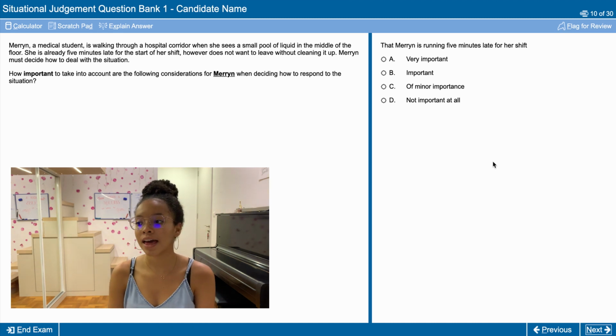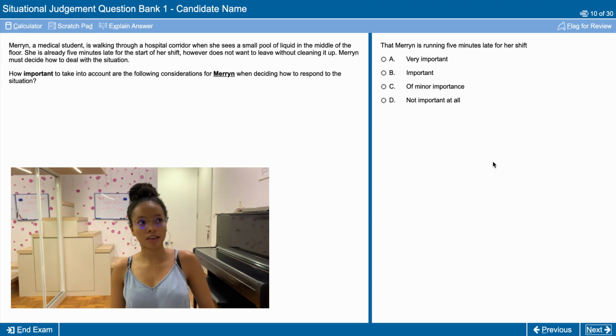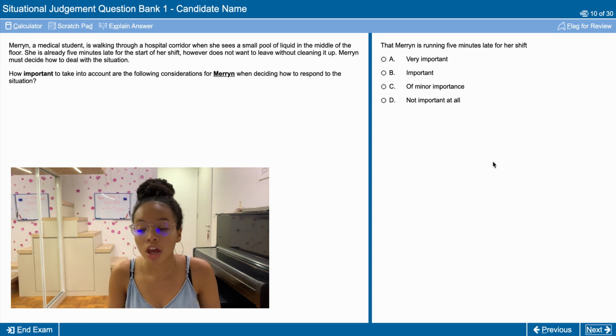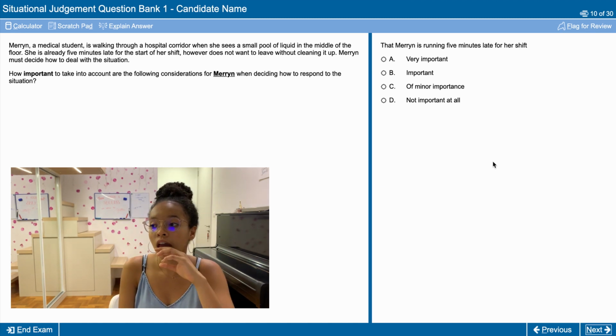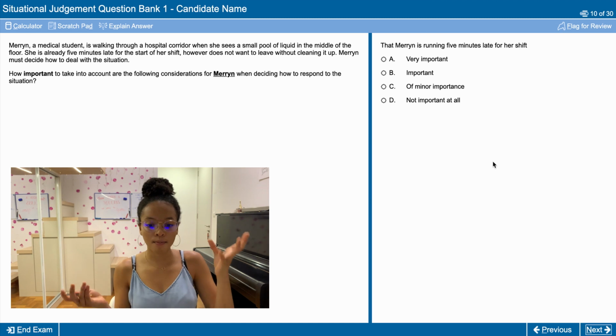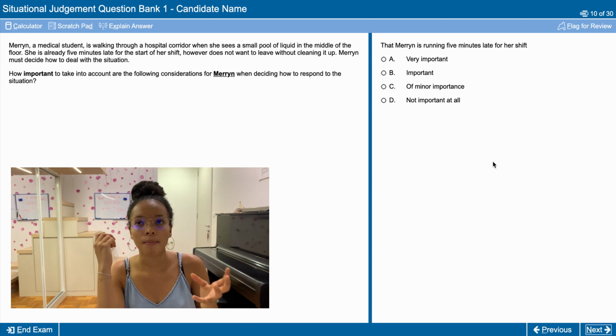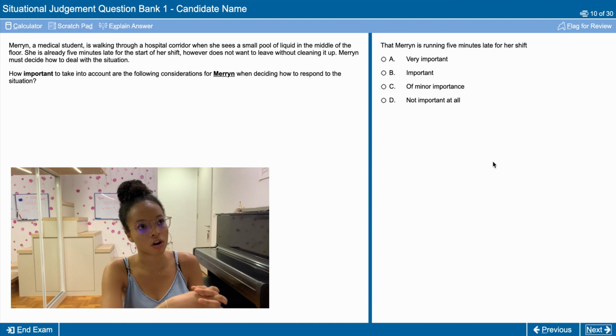Next, that Marin is running 5 minutes late for her shift. I think the fact that she's running late is definitely something that should be considered. But right now I'm hesitating whether it's in the important or the not important category. If we weigh both sides, having a liquid that could be hurting someone in the middle of the corridor is more important than running 5 minutes late.